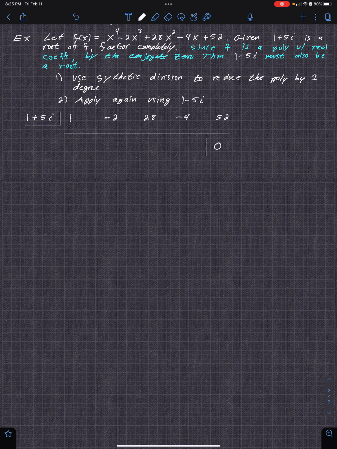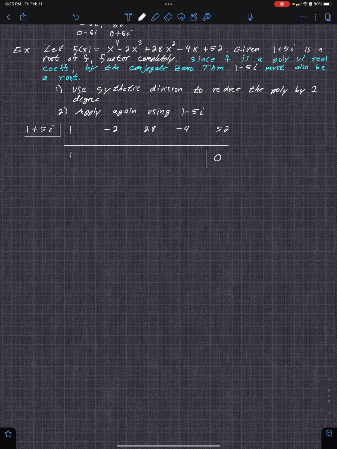Okay, so let's do the product. Bring down the 1, multiply, and so it's 1 plus 5i. Okay, and then when you add, what do you get? You're adding just the real part, because there's only the real part for those coefficients. So that's just -1 plus 5i. And then we have to multiply this times this.